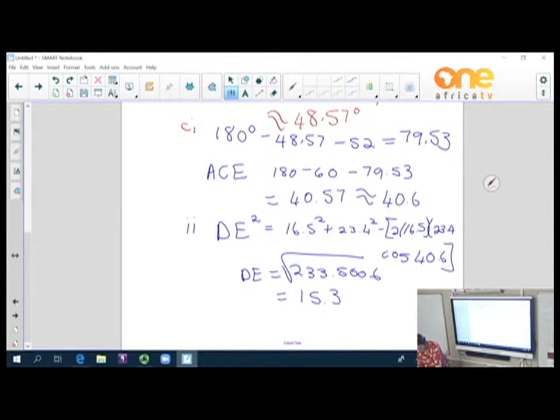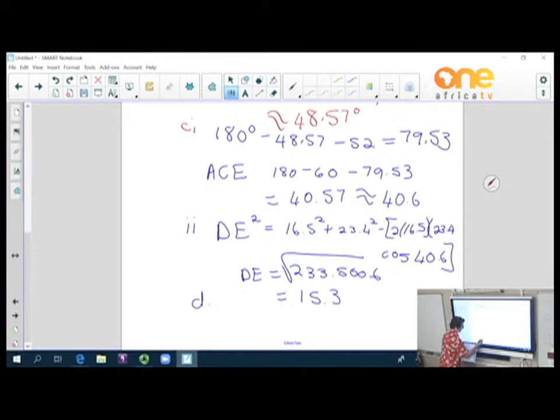And then the last question is now a question on the area. Calculate number D, then calculate the area of the quadrilateral ABDE. That means you're going to have to calculate the area of each one.